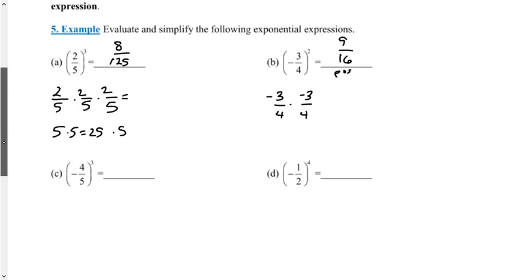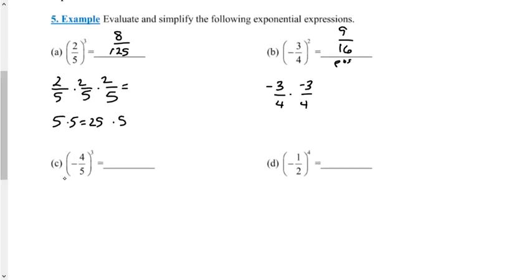Now it's a little different down here with this next one, because notice I have 3 factors. I'm going to have 3 negative numbers. In other words, -4/5 times -4/5 times -4/5. I do that because this exponent here is distributed to everything inside the parentheses, including that negative. It means I have 3 negative signs.